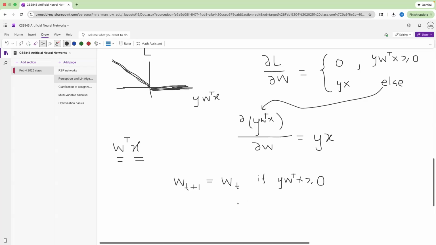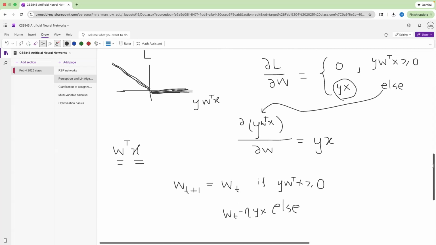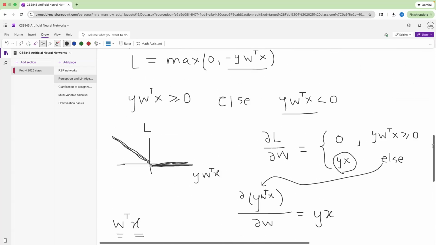But else, what we do is we change it to W minus a learning rate times the gradient, which we've computed here to be yx.